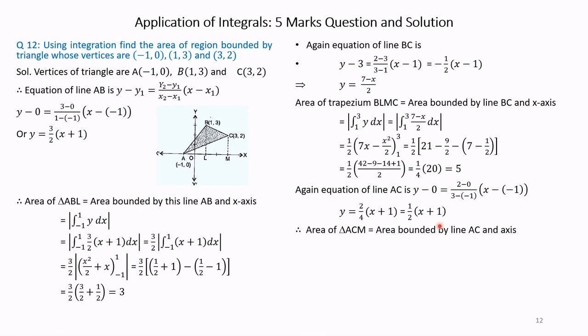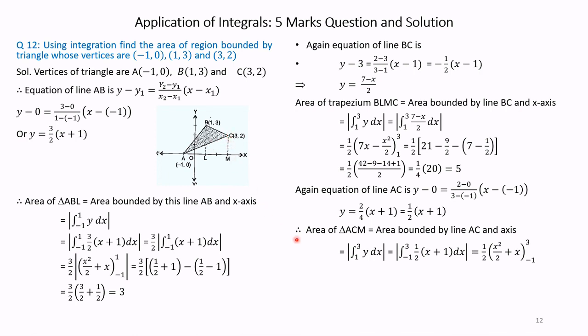Therefore, area of triangle ACM. The area of triangle ACM, bounded by AC and x-axis, is given by mod of integral minus 1 to 3 of y into dx. Here you have to take the whole triangle ACM.